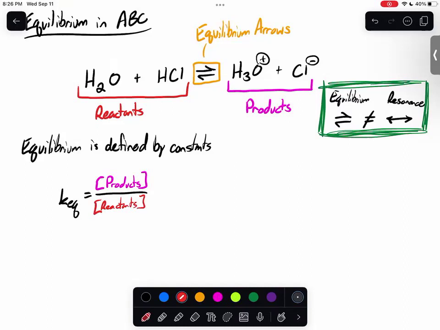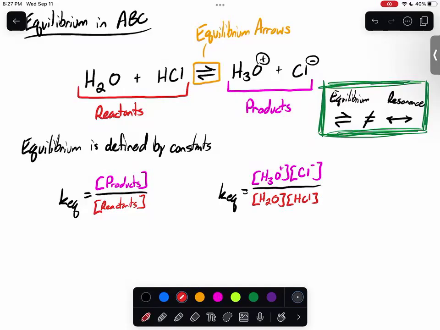If we wanted to make this a more appropriate one for the reaction above, we could state that KEQ is equal to the concentration of H3O plus and the concentration of chloride, Cl minus, over the concentration of water and the concentration of HCl.